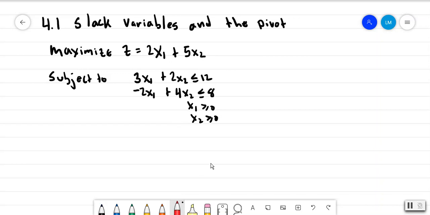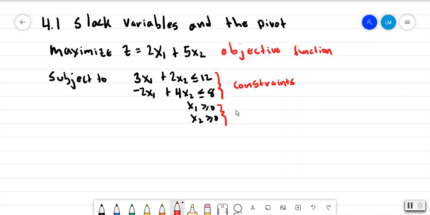Just to recap, you're given an objective function, and then you're given a set of constraints. And this right here represents that you're restricted to quadrant 1.